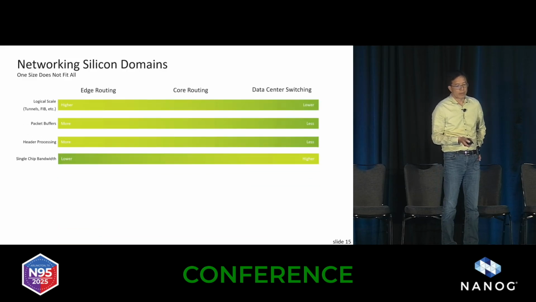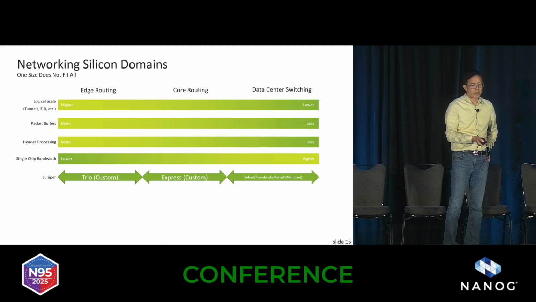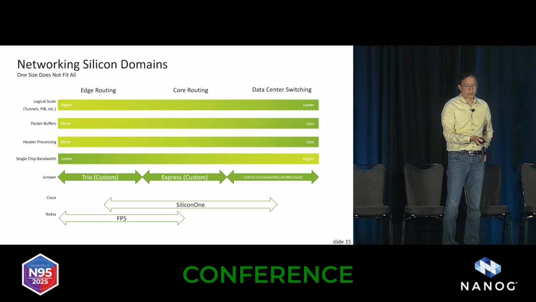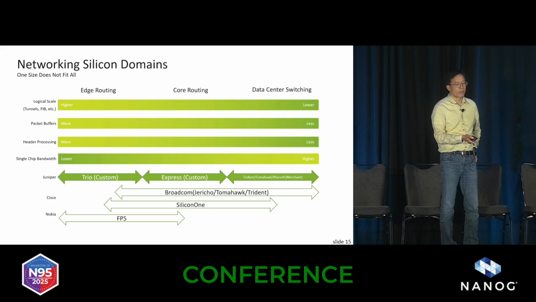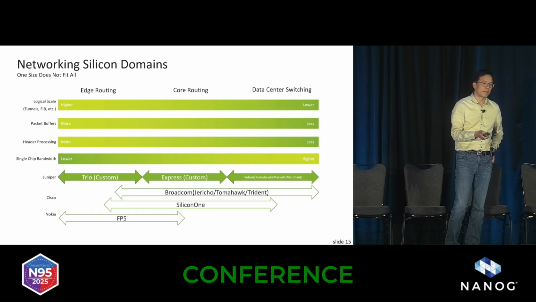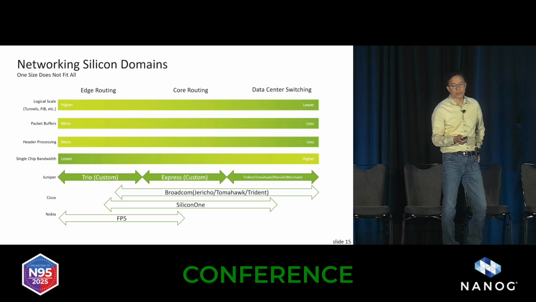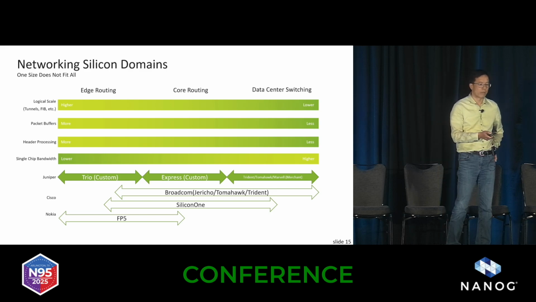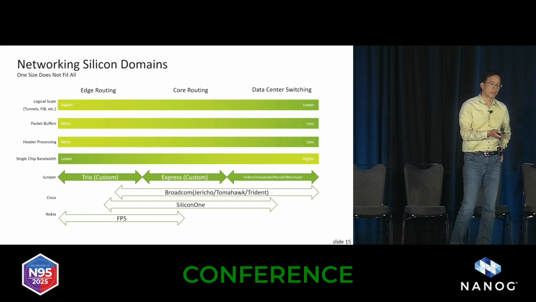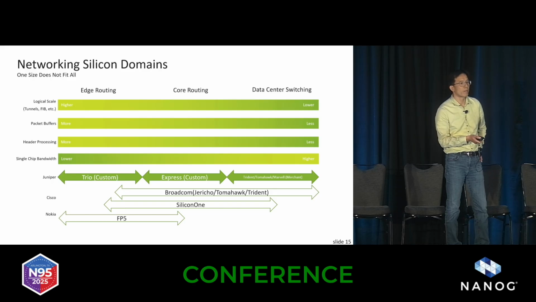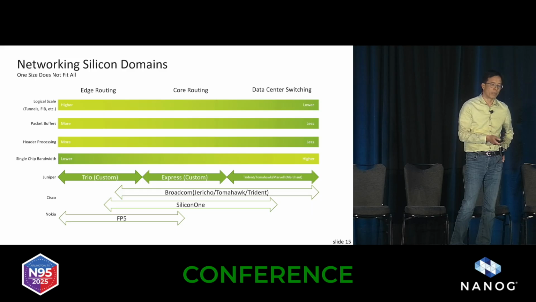So here, let me just try to get everything on one page. We roughly partition at edge routing, core routing, and data center switching. And on each bar, we try to look at the larger scale. Large scale usually means tunnel numbering, how many FIB entries we can support, packet buffers, and also header processing capability, and single chip bandwidth.